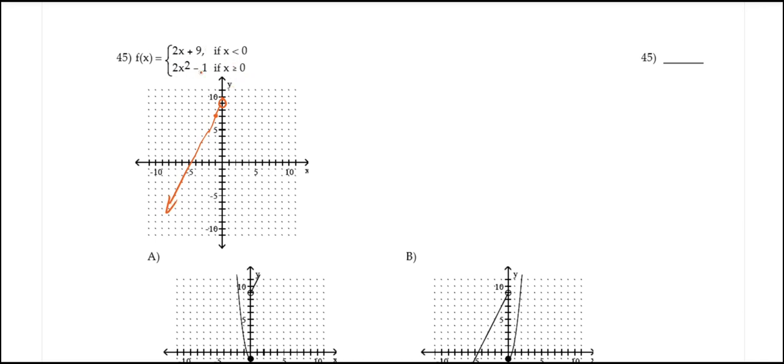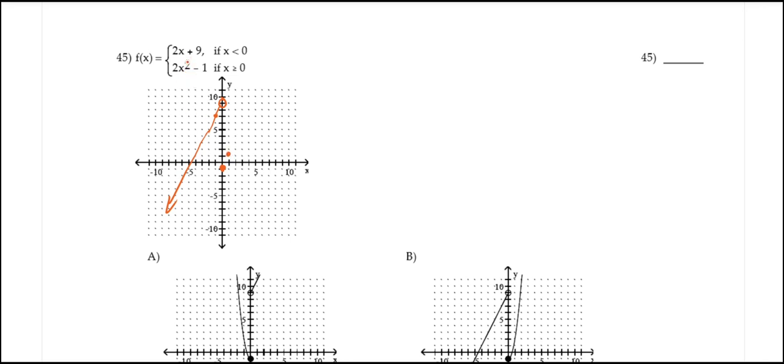What about this one? Well, this has been downshifted by 1, and x squared has been vertically scaled by 2. First of all, let's plot the point when x is equal to 0. That's going to be a value of -1. So let's put a filled in circle there because this is an or equal to. And then we're going to have a parabola. If I go up by 1, plugging in x is 1, I would get 2 minus 1 is 1.